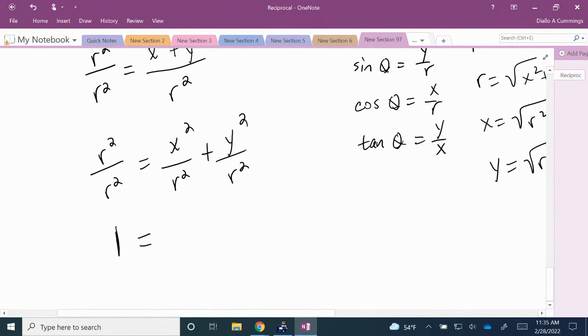On the right-hand side, I have x squared over r squared. I'm going to play a trick on that and write it with an exponent: x divided by r, quantity squared, plus y divided by r, quantity squared.